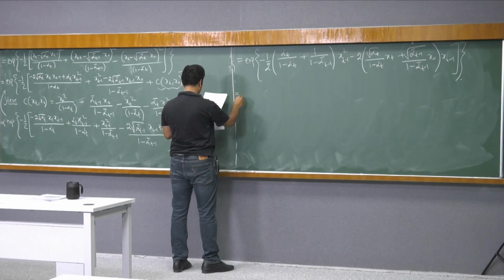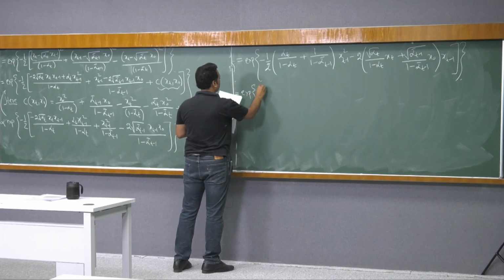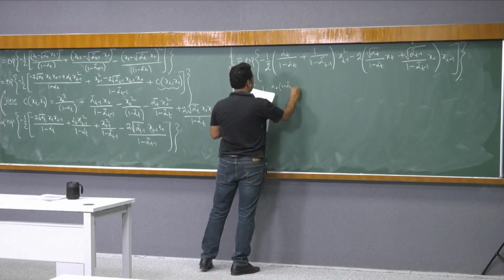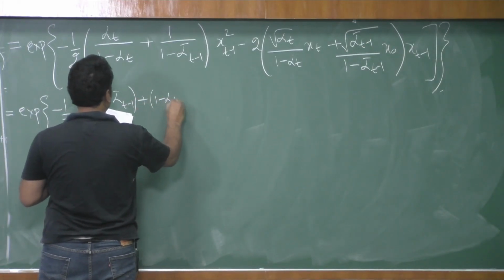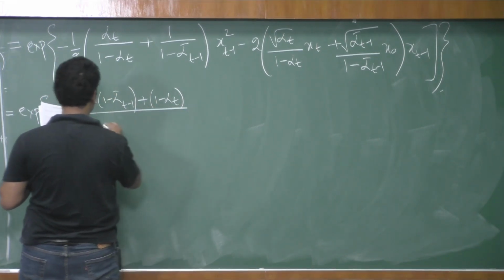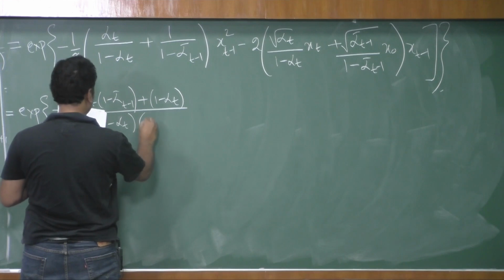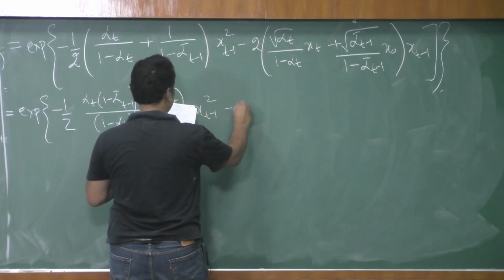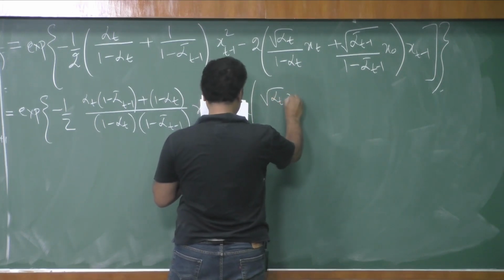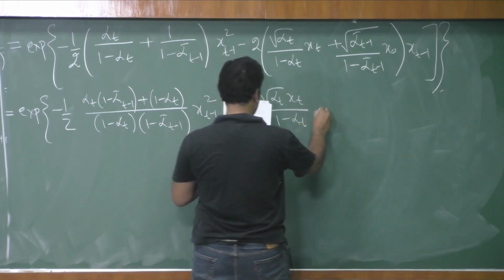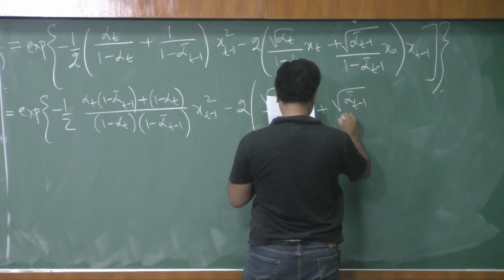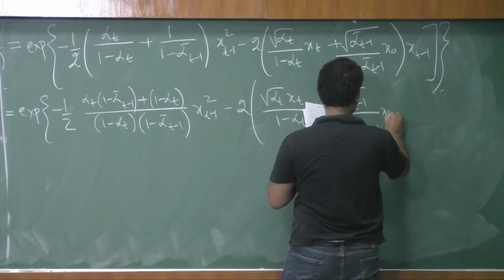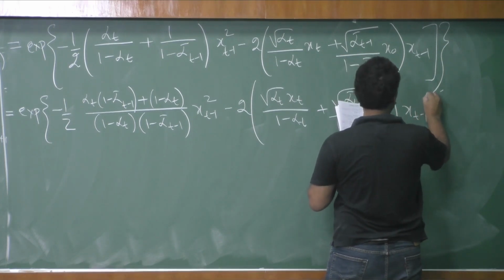So this is exp minus half alpha t alpha bar t minus 1 plus 1 minus alpha t divided by 1 minus alpha t, 1 minus alpha bar t minus 1, xt minus 1 squared, minus 2 square root of alpha t xt, 1 minus alpha t alpha bar t minus 1 divided by 1 minus alpha bar t minus 1, x naught xt minus 1.